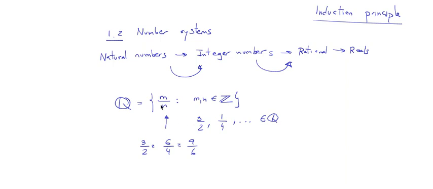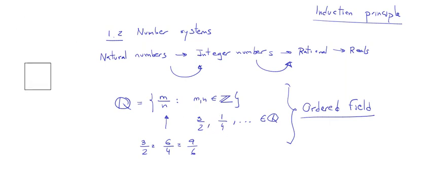Now you can sum the rational numbers, you can multiply them, you can subtract them, you can divide them, and if you go back to the previous lecture, the rational numbers are an ordered field. They fulfill all the properties of the ordered fields, so you can do everything with them as we did before with the reals.